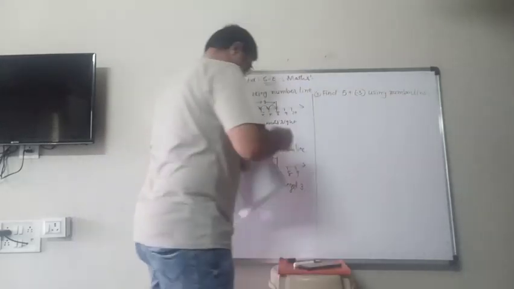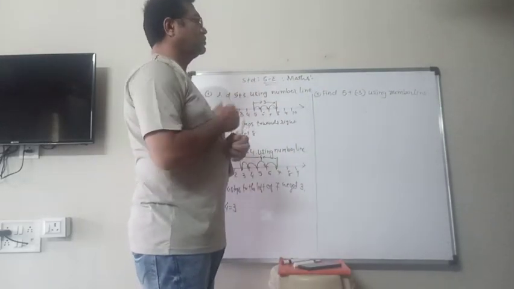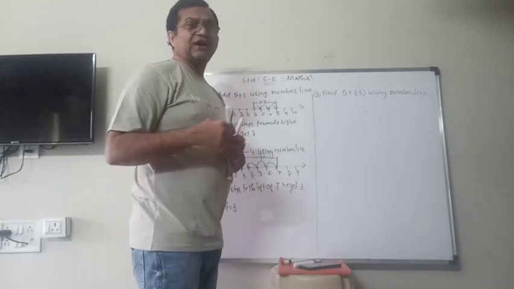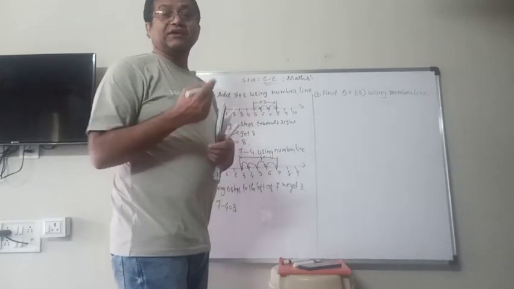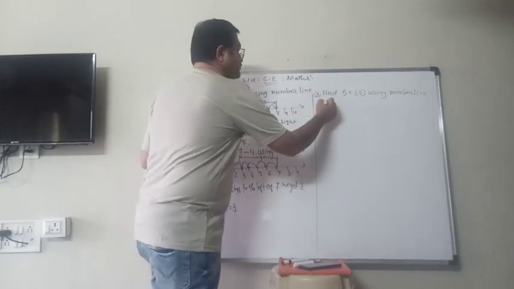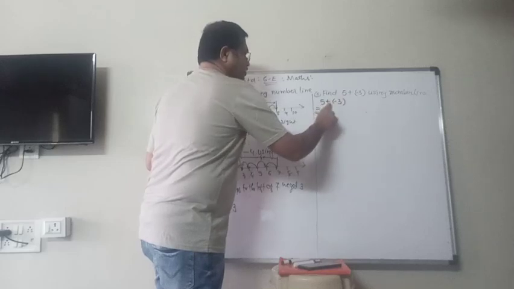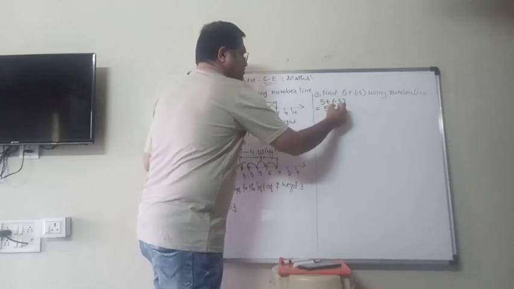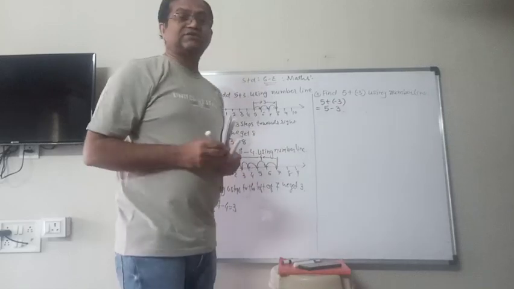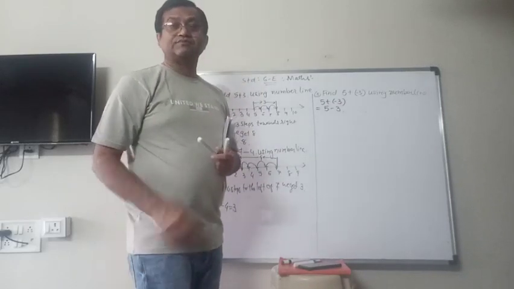So now here, when you see that there are 2 signs together, then in this situation what did we do? So here 5 plus minus 3, plus minus becomes minus, so 5 minus 3. So now we have to do the subtraction.